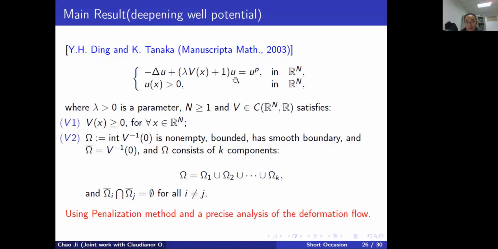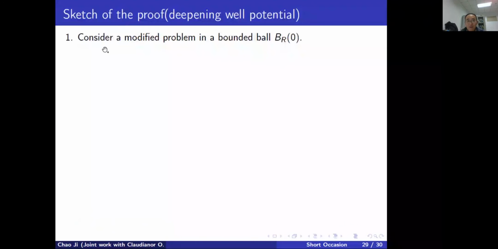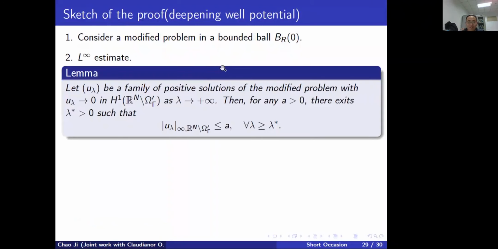The functional corresponding to this equation is C1, but for our problem it is not. So we can consider a modified problem in a bounded ball. We used this method before.